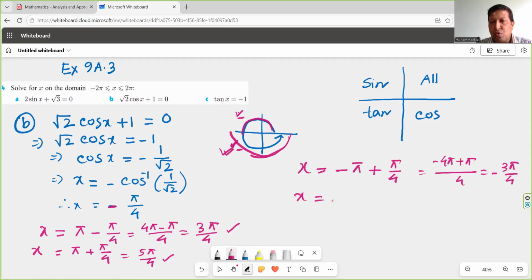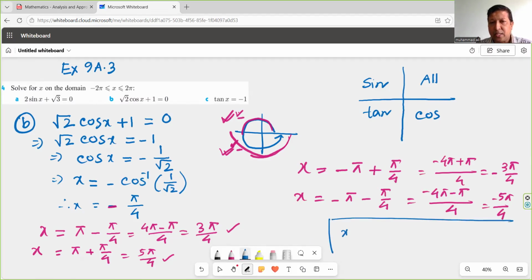Then x equals minus pi minus pi by 4. It will come in the house of tan. That means minus 4 pi minus pi by 4, so it will be minus 5 pi by 4. So finally, we get the answer x equals 3 pi by 4, 5 pi by 4, minus 3 pi by 4, and also minus 5 pi by 4. So question number 4B completed.